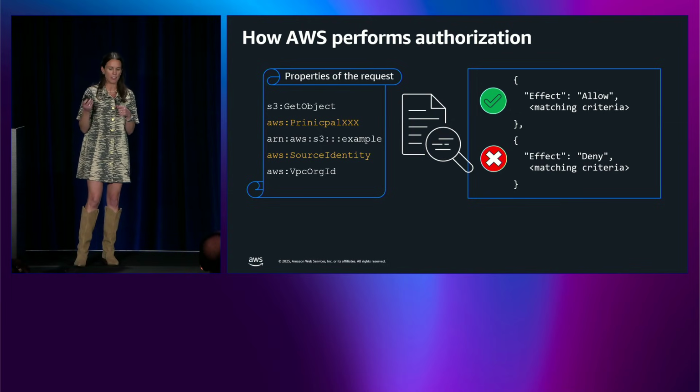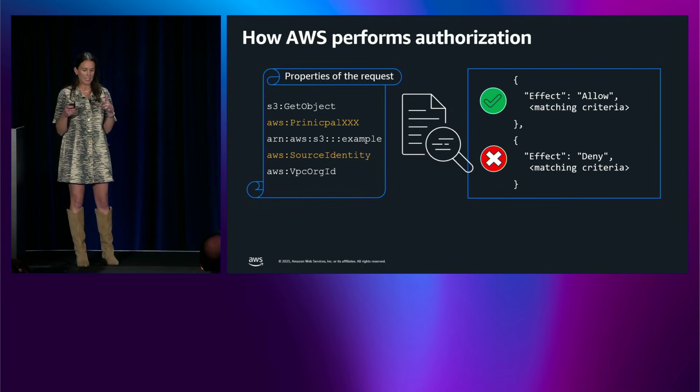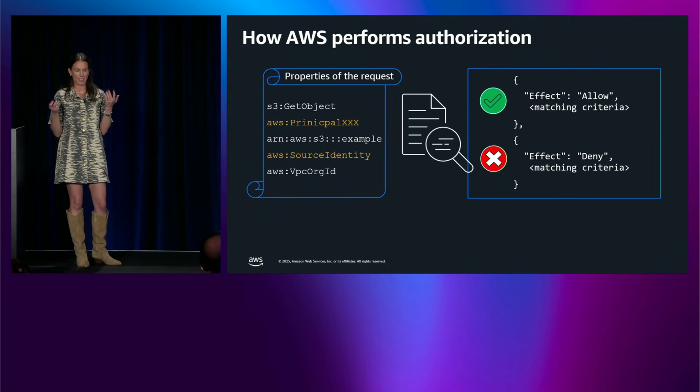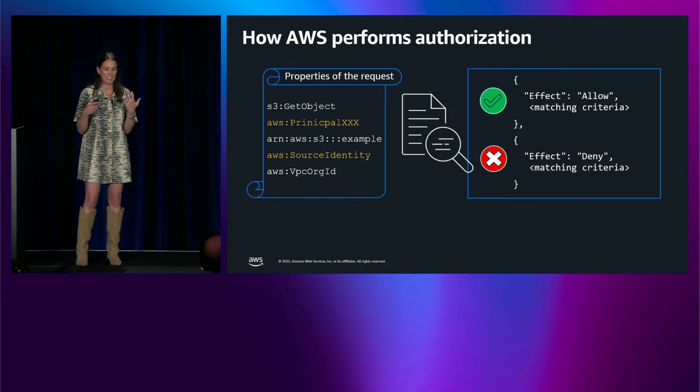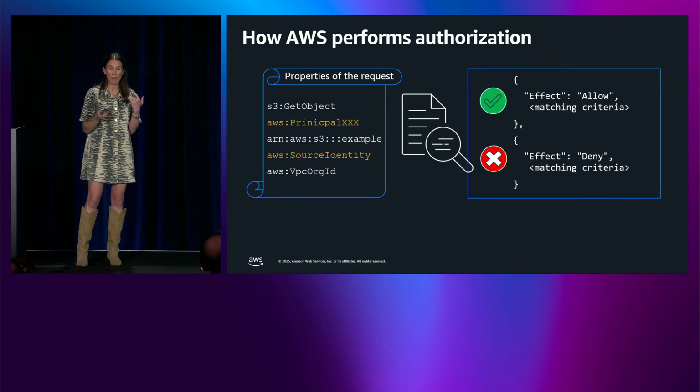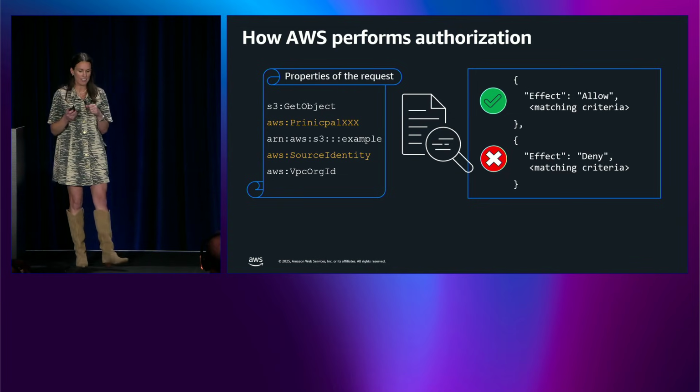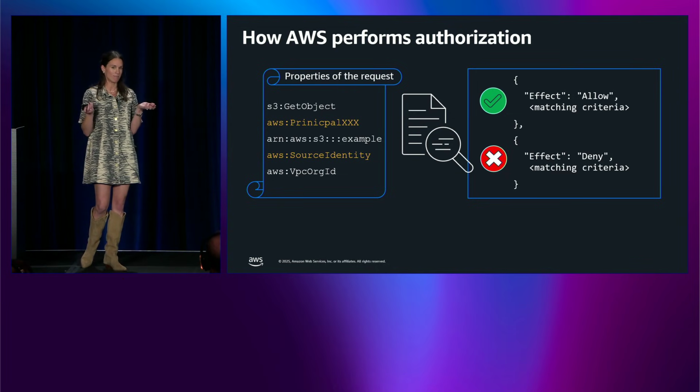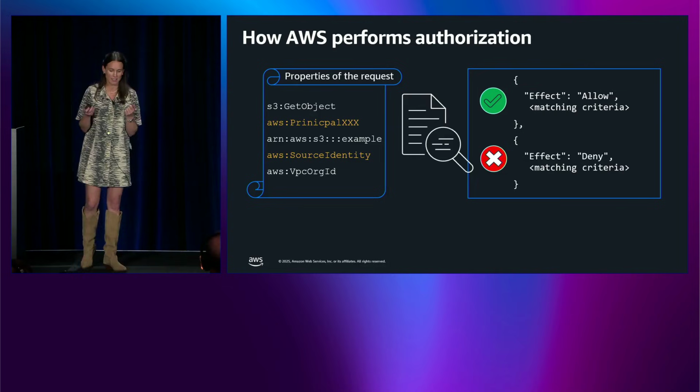We go through all the criteria to identify all of the matches. If there's a deny at any point in time, what happens? We deny. If there is an allow match at any point in time and there is no deny, then we will allow. And if there is no match, then we deny. That's called the implicit deny.